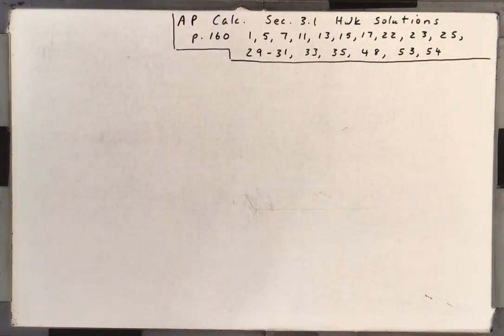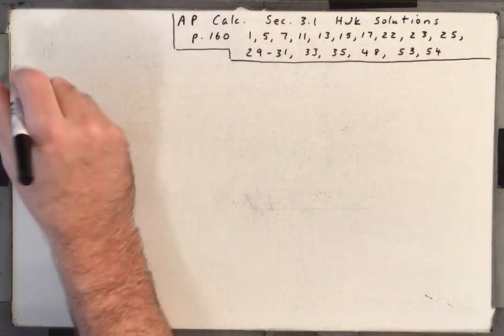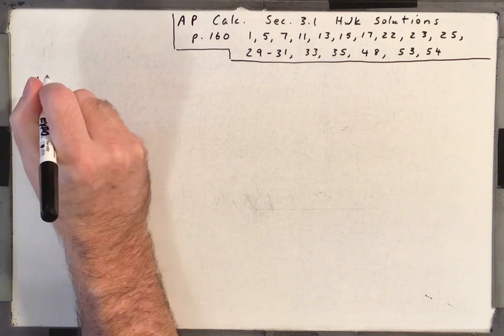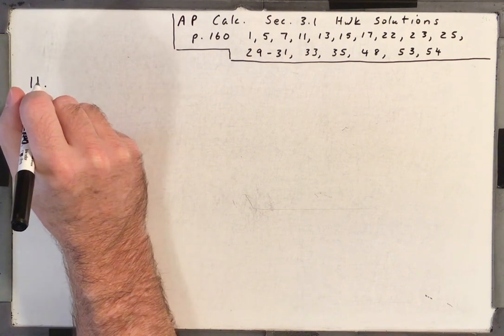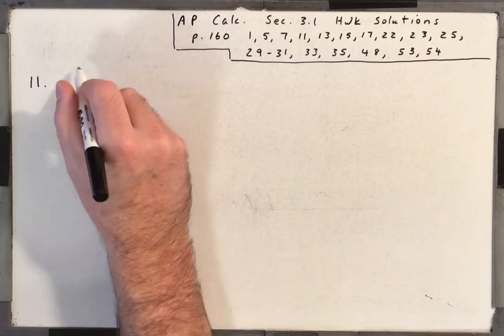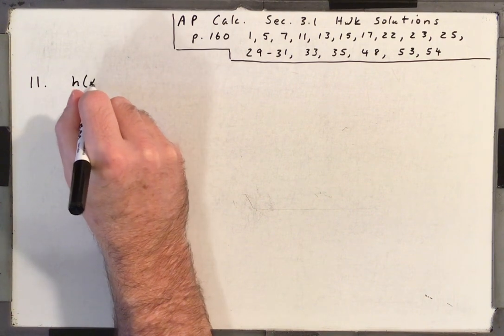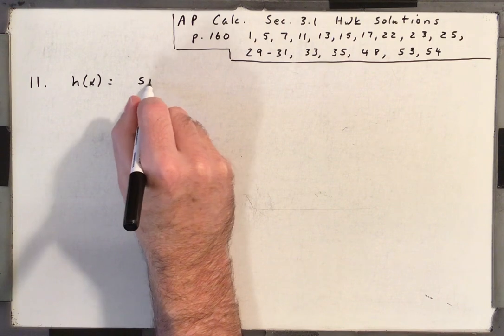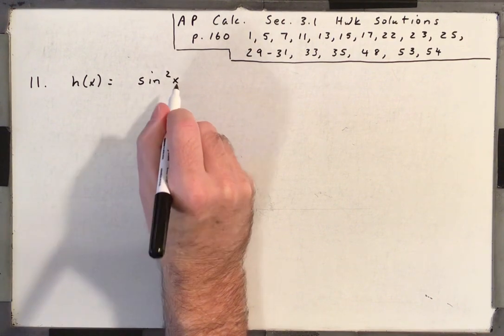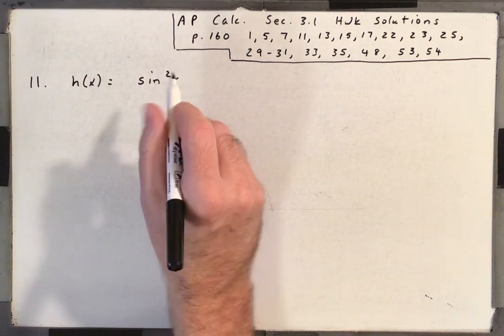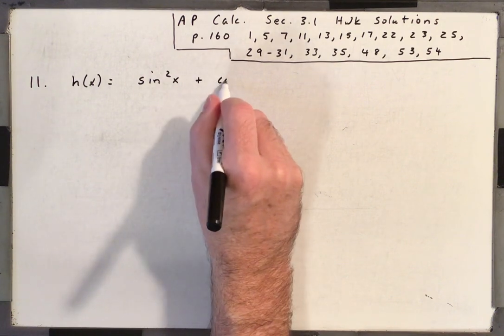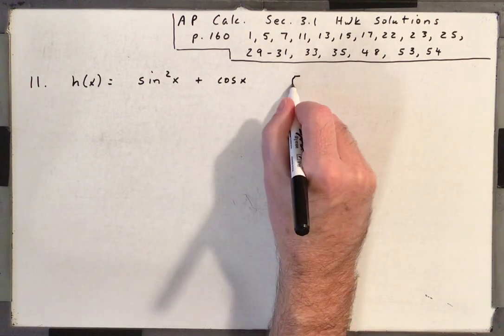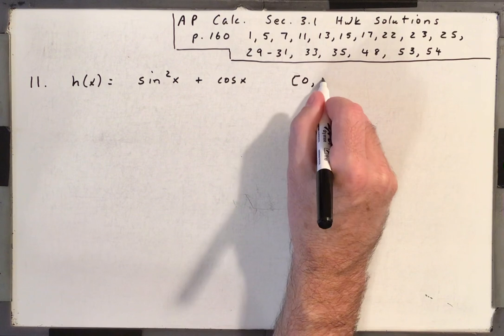Okay, we're off to a good start. Number 11. Okay, we have h of x equal to sine squared x plus cosine x, and we're interested in the interval from 0 to 2 pi.